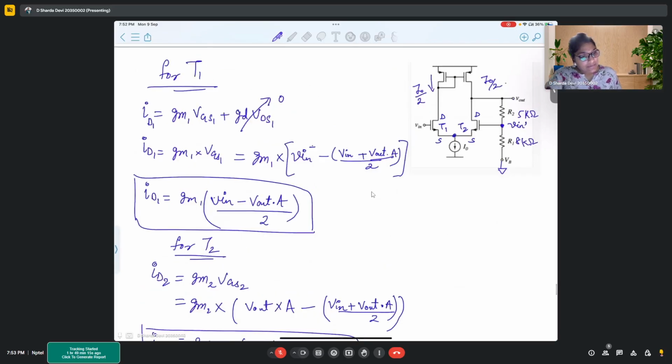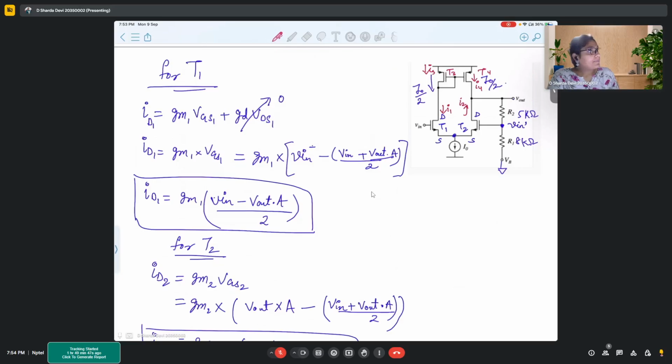Okay. And let's say these two transistors are T3 and T4. And as we have discussed earlier, these T3 and T4 are mirror transistors. So if I say the current flowing through this is I1, this is I2, this is I3, and this is I4.